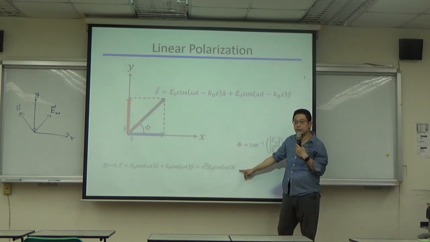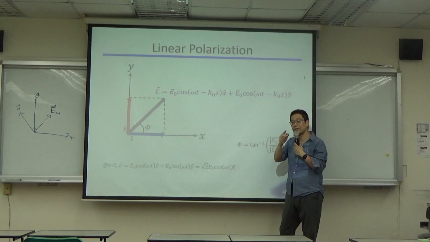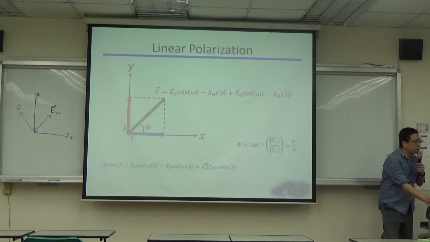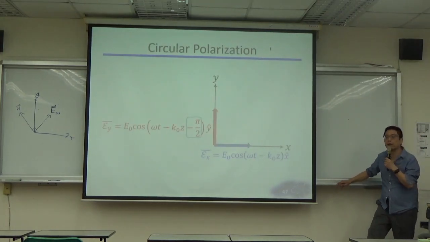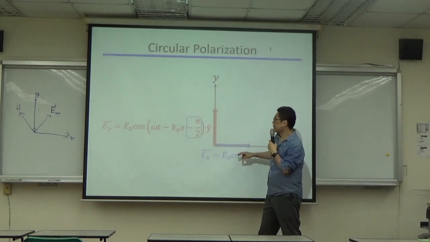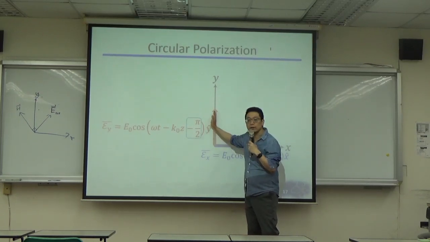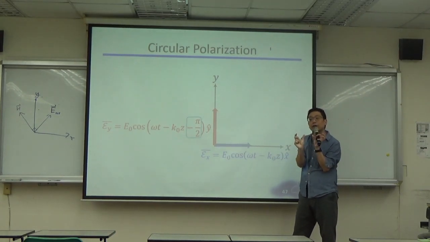We use this as an example of the generalized field. Actually, this is the second easy case. Okay, we have more to talk about. The main part we need to talk about is circular polarization, where there is a 90-degree phase difference between EY and EX.